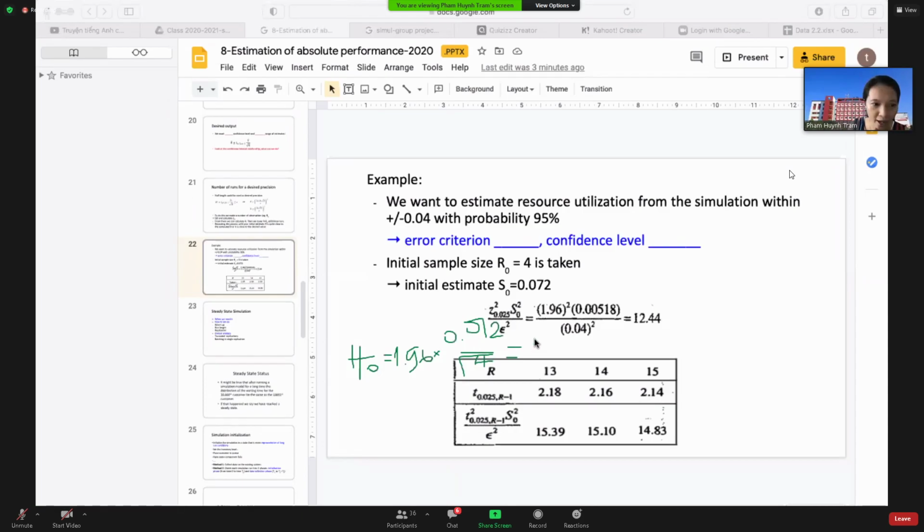Okay, so we have 0.071 here. So if we take the ratio, we would have the new replication R2 will be equal to the number of replication, initial one, I mean R0 here, okay?